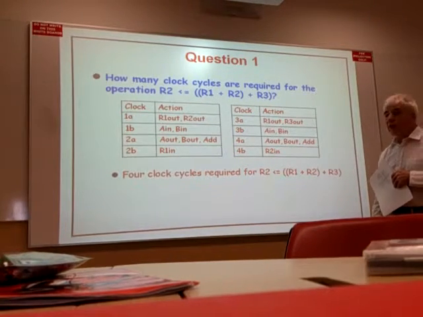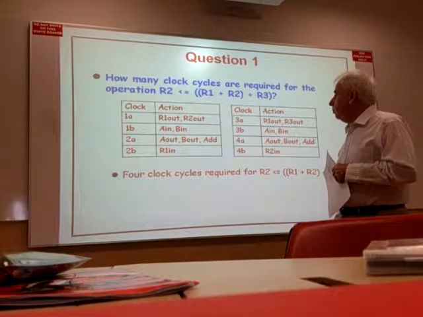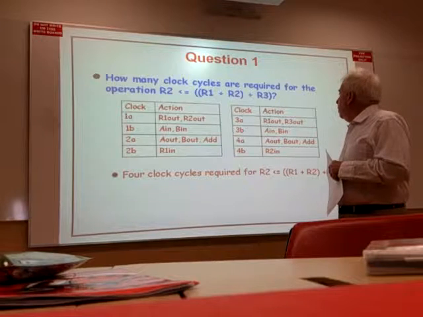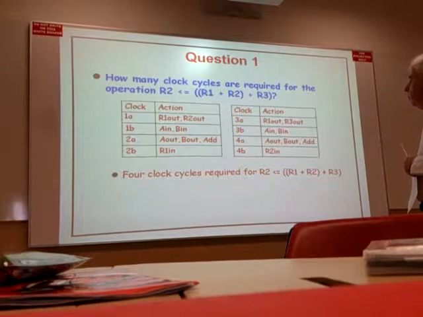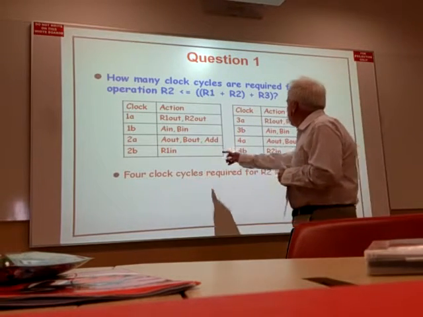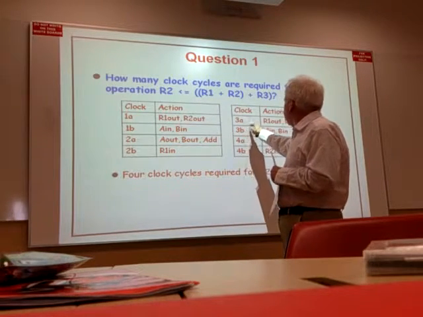Sir, during the clock 2 cycle, wouldn't it be able to run clock 2 and clock 3 cycle at the same time? You want to run clock 2 cycle and clock 3 cycle at the same time?